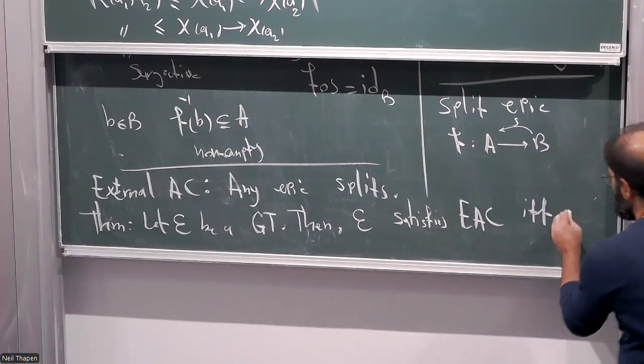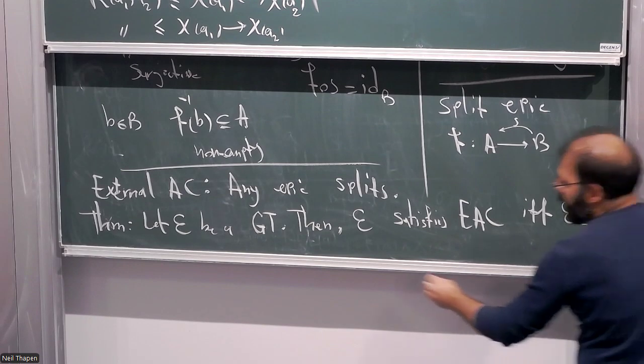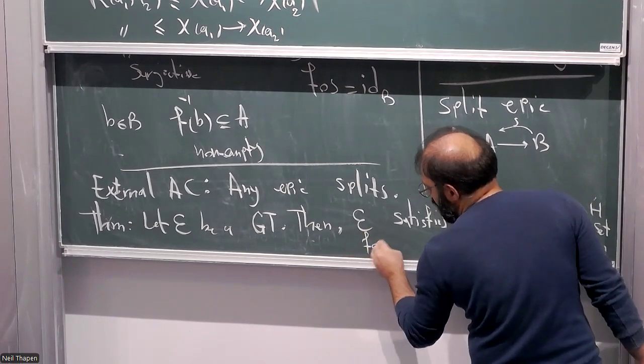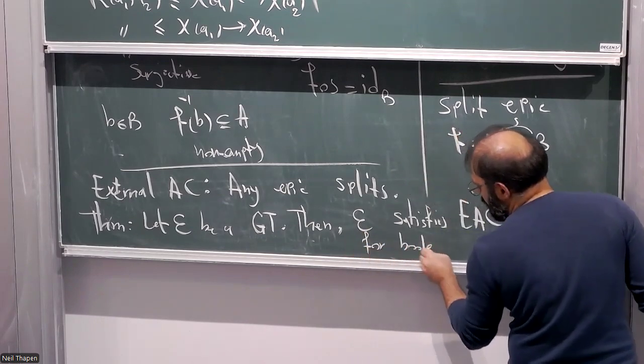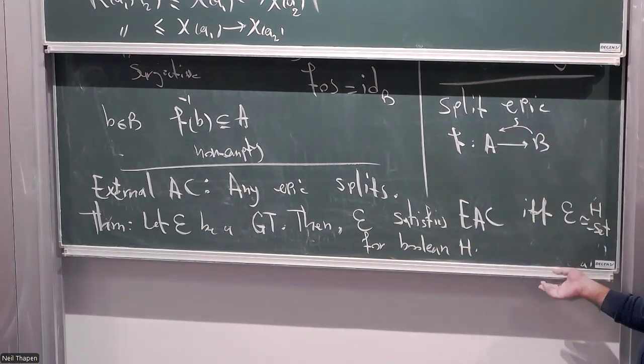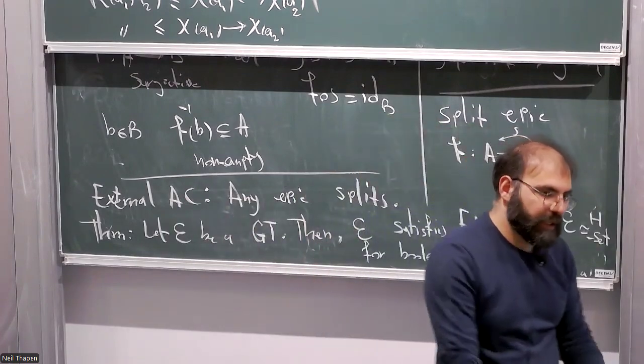if and only if you have this characterization: E is actually equivalent to H sets for some Boolean H. External axiom of choice, this one, meaning that any epic splits.